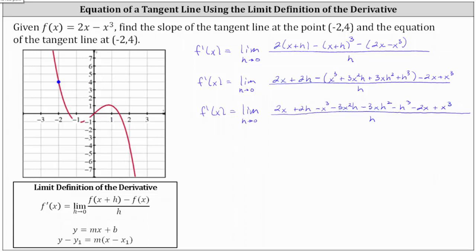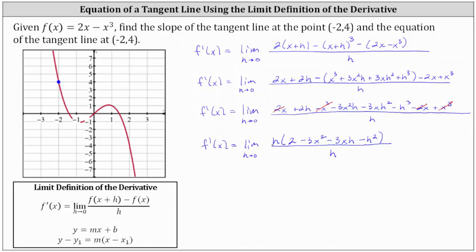And now let's simplify. Notice we have 2x minus 2x, that's 0. We have negative x cubed plus x cubed, that's 0. We have 4 remaining terms in the numerator, but notice all of them contain a factor of h. So in the next step, we'll factor out h from the numerator. Factoring h from the numerator, we have h times the quantity 2 minus 3x squared minus 3xh minus h squared all over h.